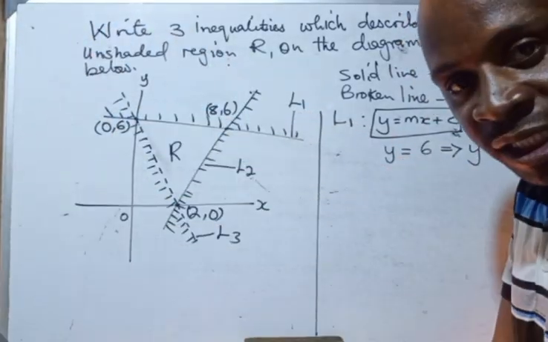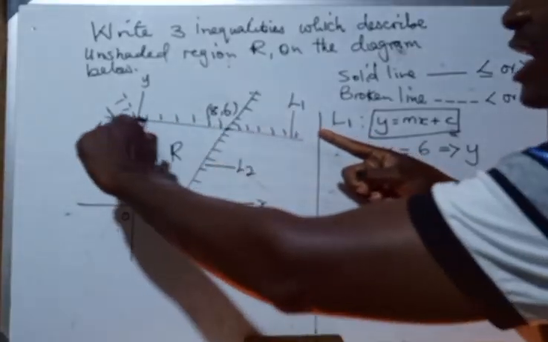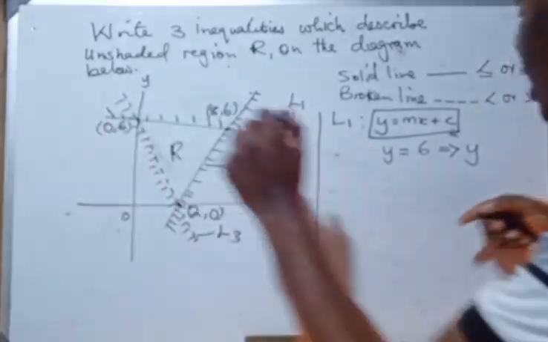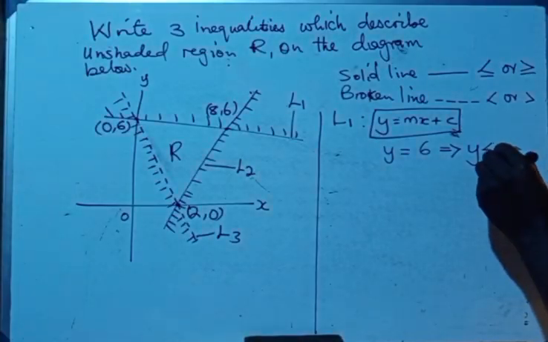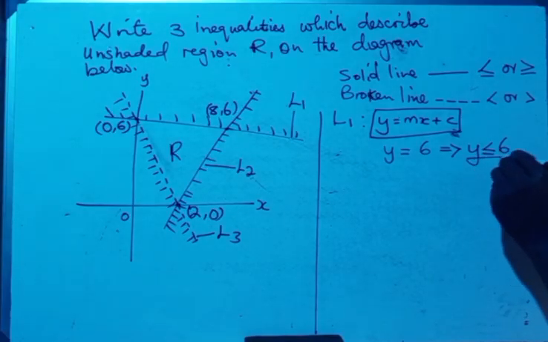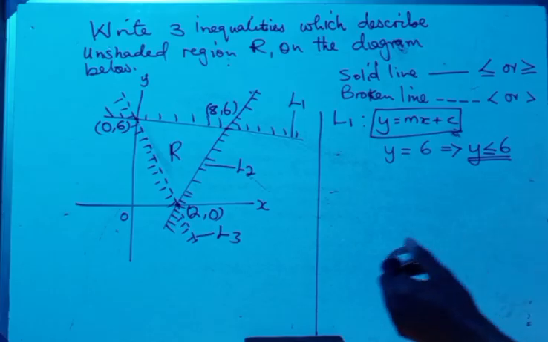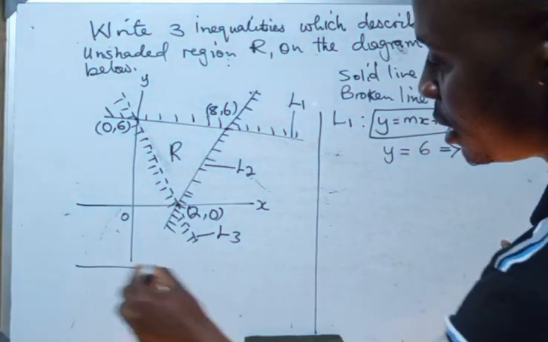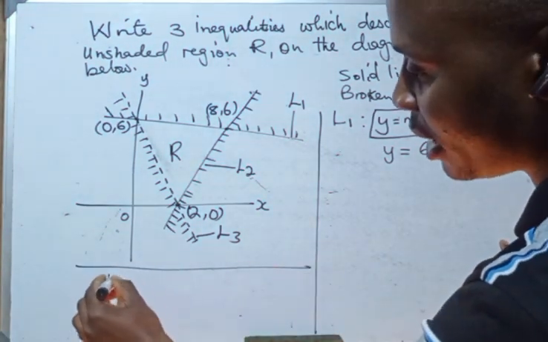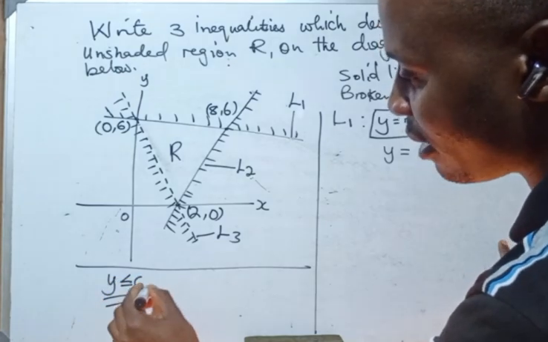So all this part at the bottom is less than. Since the line is also a solid line, we say y is less than or equal to 6. So this is the first inequality. I will write it there: y is less than or equal to 6. That is our first inequality.